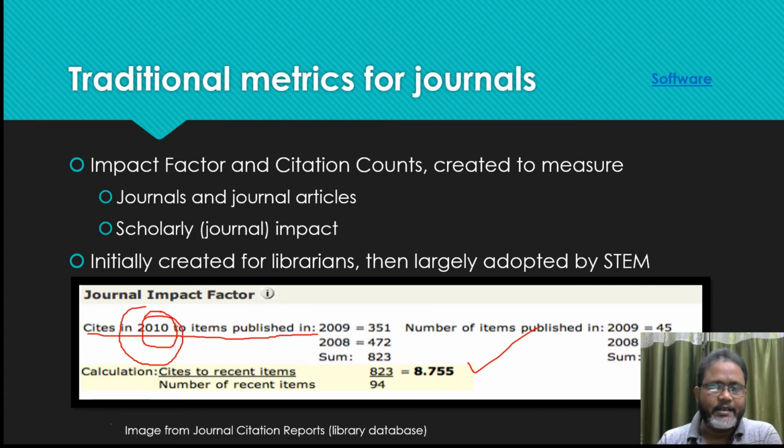year, and in this year we are trying to calculate the impact factor of a journal. So now suppose the journal name is X. Now what we are doing, we are in 2010, so we are taking 2009 and 2008. So these are the previous 2 years.